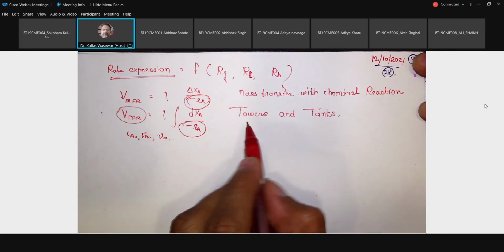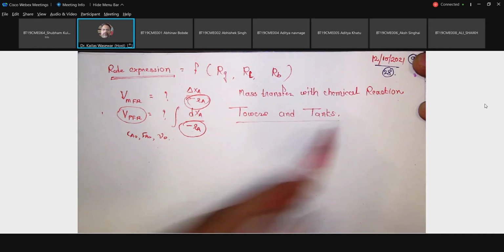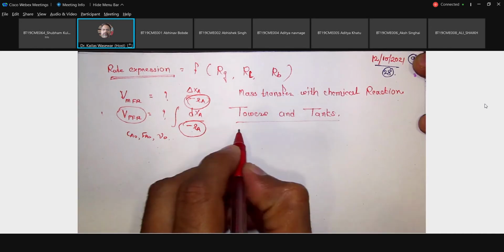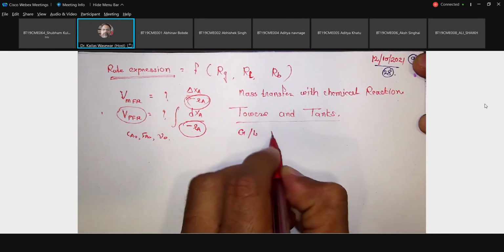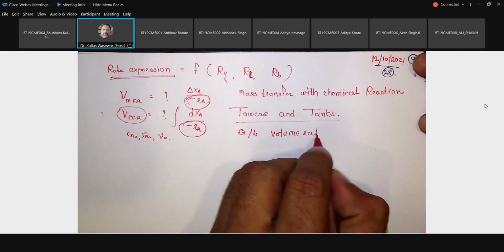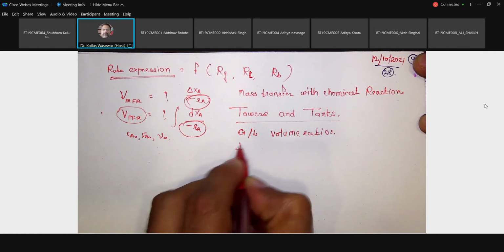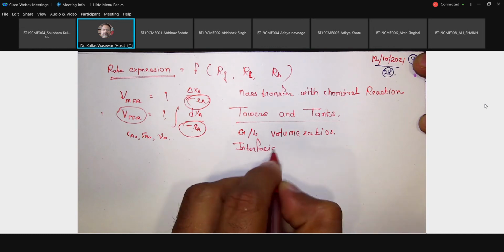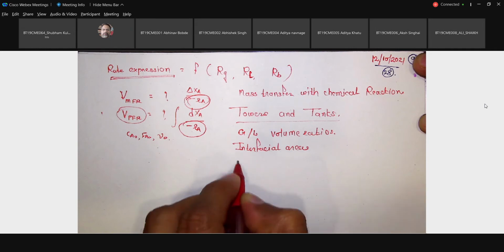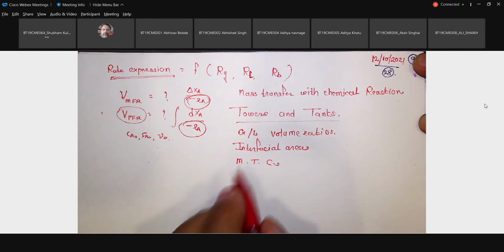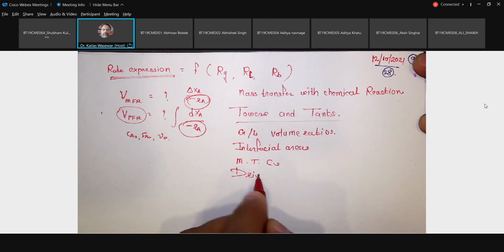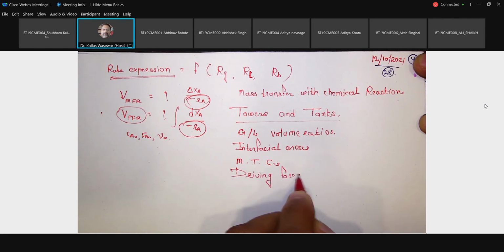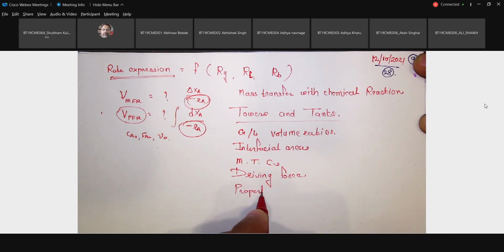Various parameters that may be considered for deciding the type of reactor are the gas to liquid volume ratio, interfacial area, mass transfer coefficients, what kind of driving force is there, properties of both reactants, solubility, type of reactant, and location of the main resistance.